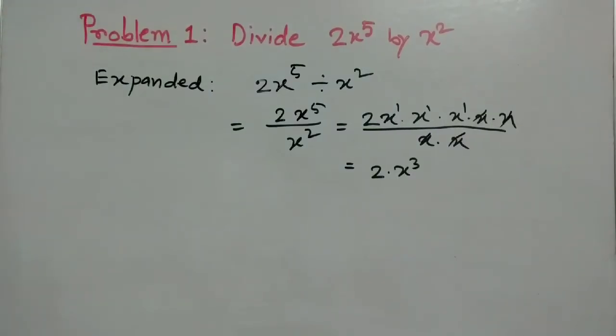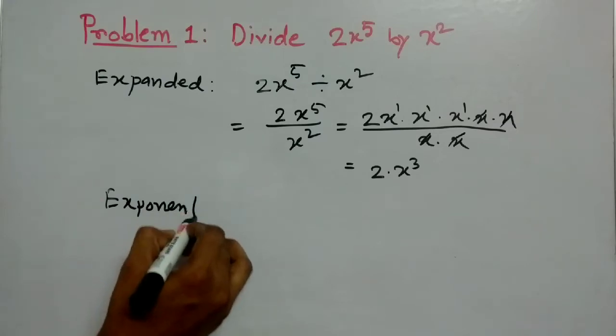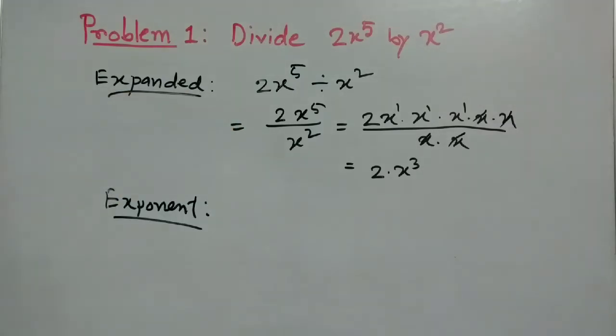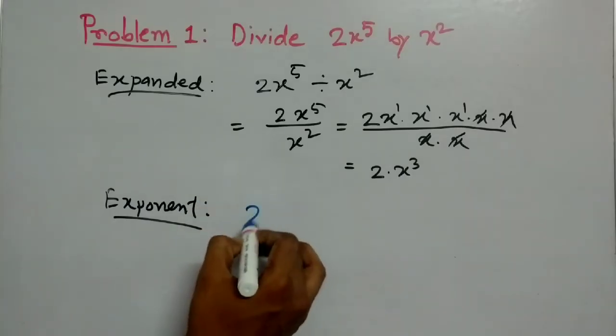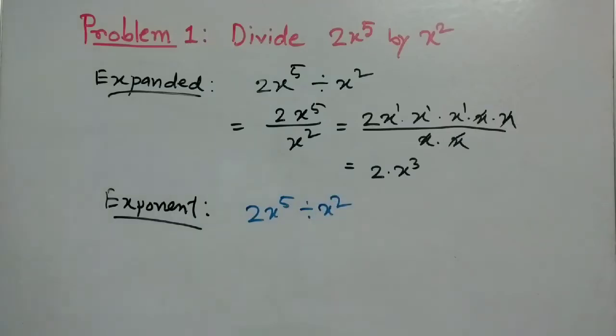If we solve it by the exponent method, how will you solve it? See, this is 2x to the power 5 divided by x square.